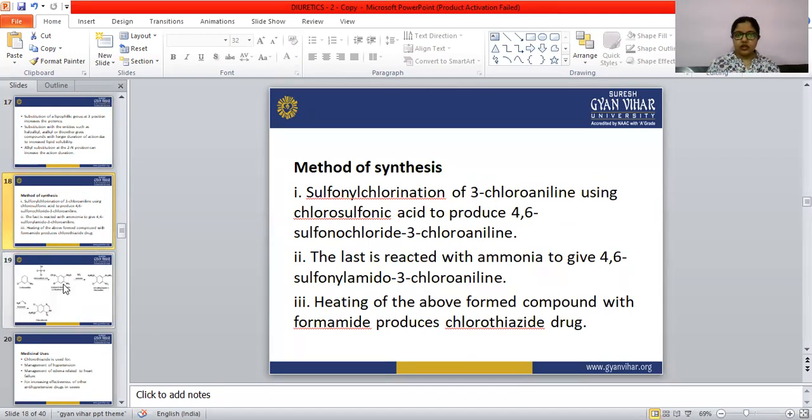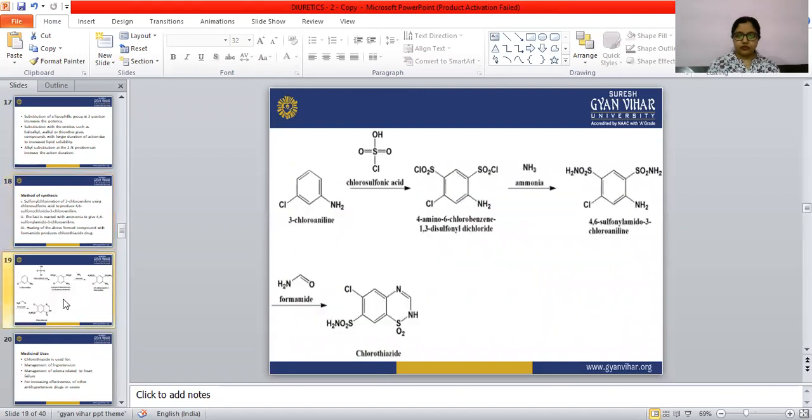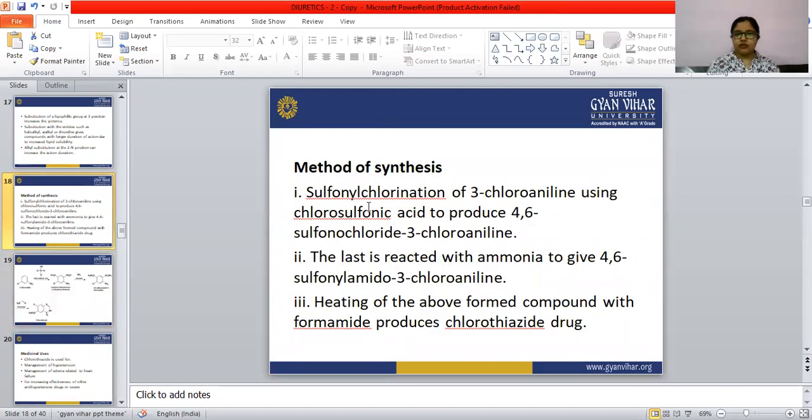Chlorothiazide. Sulfonyl chlorination of 3-chloroaniline using chlorosulfonic acid produces 4,6-disulfonyl chloride 3-chloroaniline. This then reacts with ammonia to give 4,6-sulfonamido 3-chloroaniline.